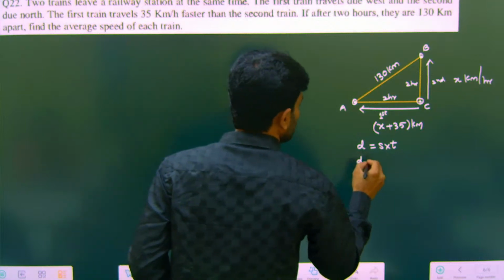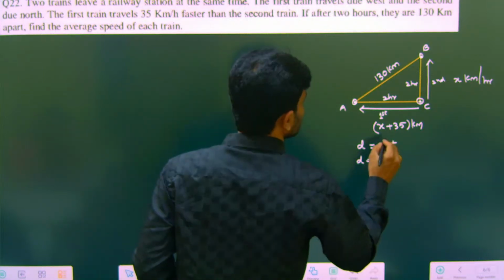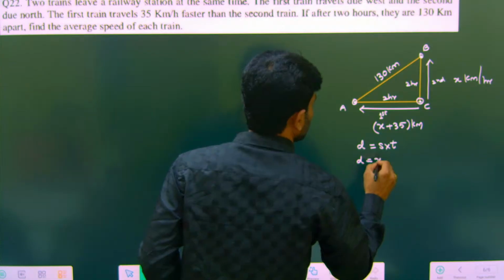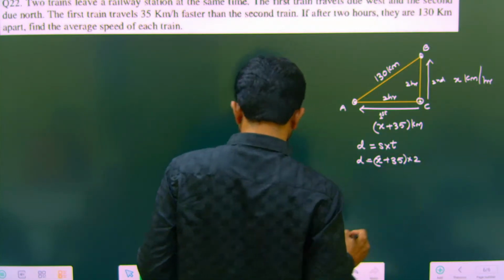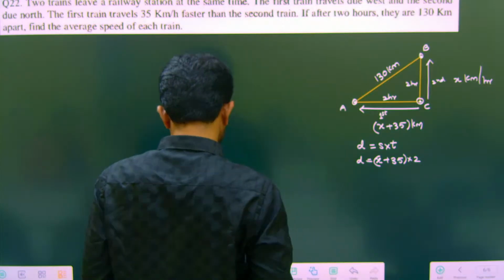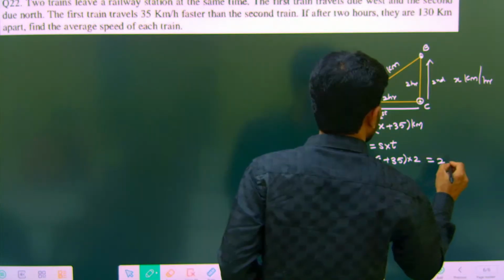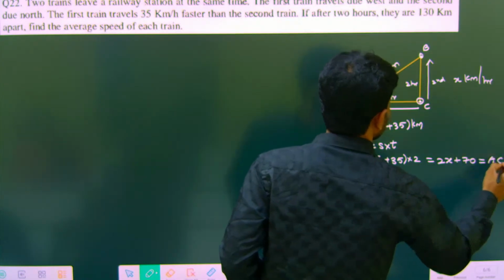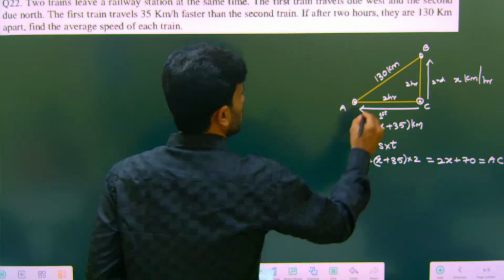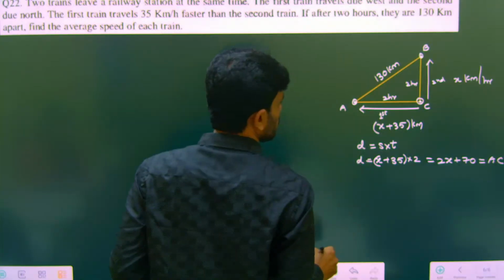So distance is equal to speed, which is x plus 35, into 2 hours, which is 2x plus 70. This is AC. AC distance is 2x plus 70.